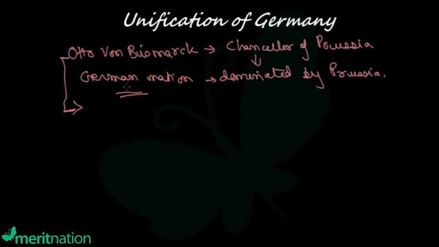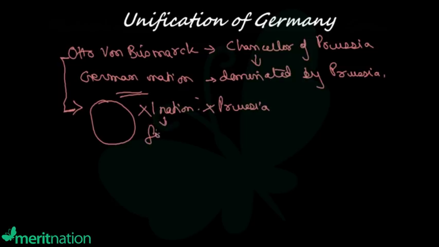Otto von Bismarck was actually a very intelligent man. He realized that unification is a tough process and it could not be achieved by the efforts of just one nation, or only with the Prussian efforts. So what he needed was foreign aid, or more allies.